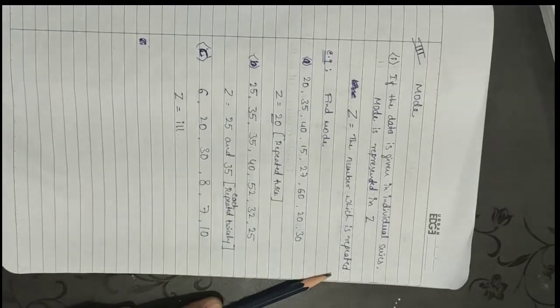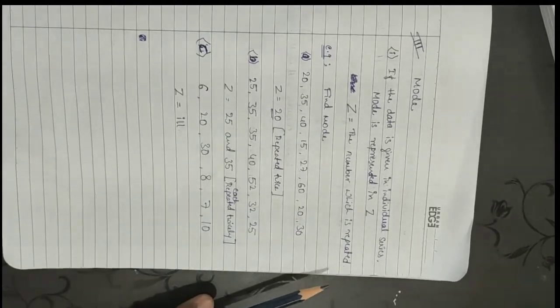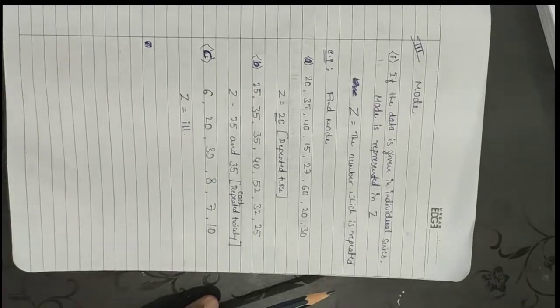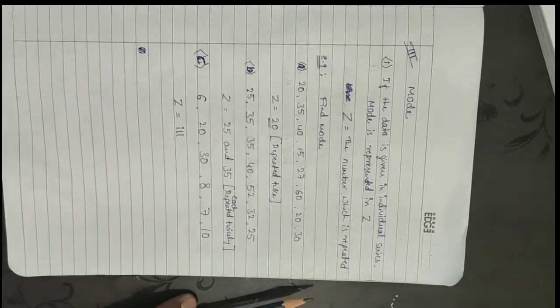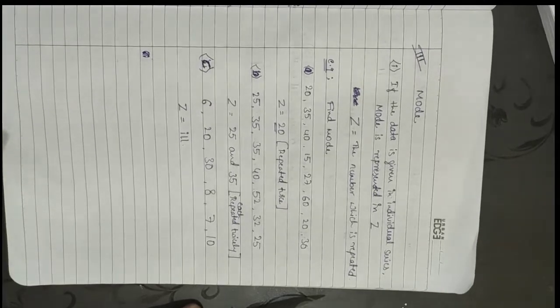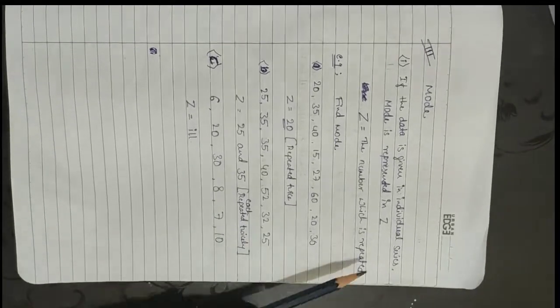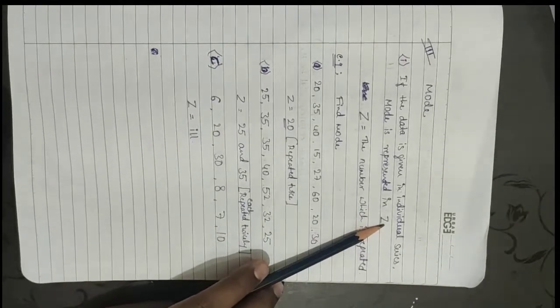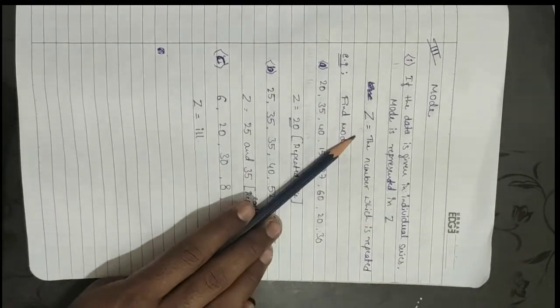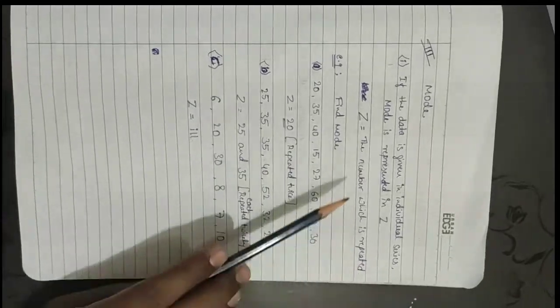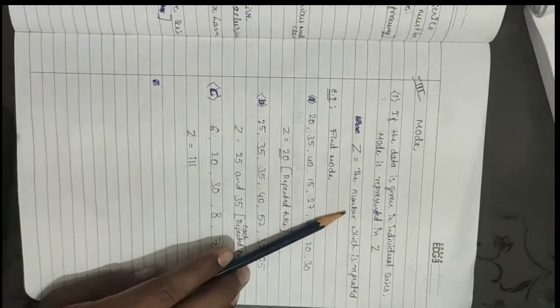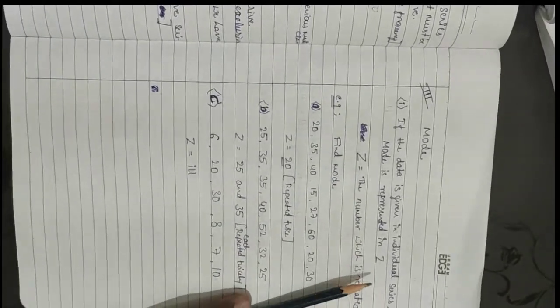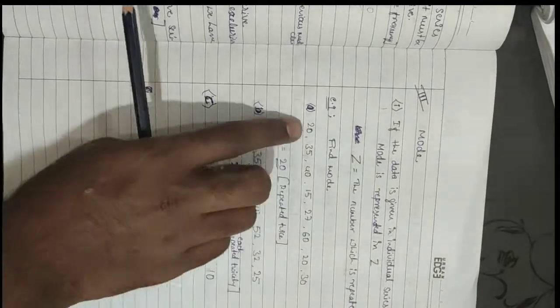So how to find mode? Keep in your mind, mode means the repeated number. The repeated number will be the mode value. We will represent mode as Z. So Z means the number which is repeated; that will be the mode value.